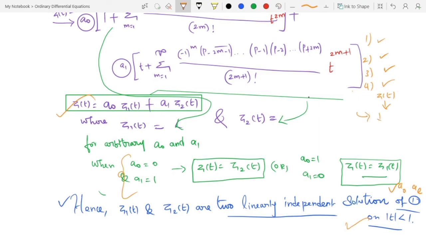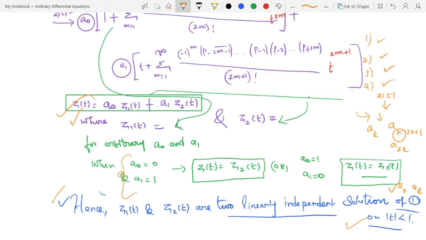Using that expression we generalize a suffix k, that is, we derived it in two forms, a suffix 2k and a suffix 2k plus 1, that is, a suffix odd number and a suffix even number. Finally, replace it in the given assumption, that is the power series solution. We get the exact answer and the conclusion.